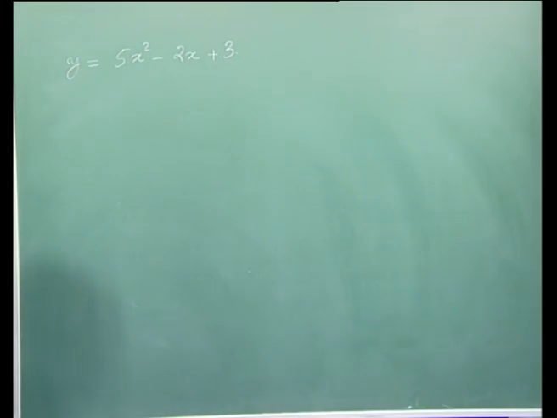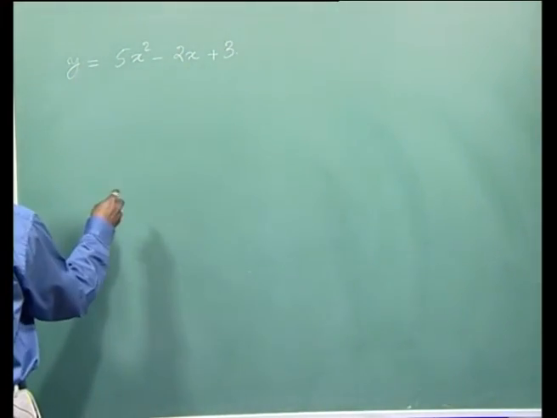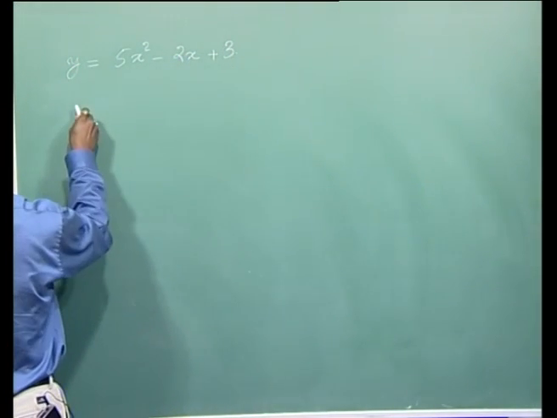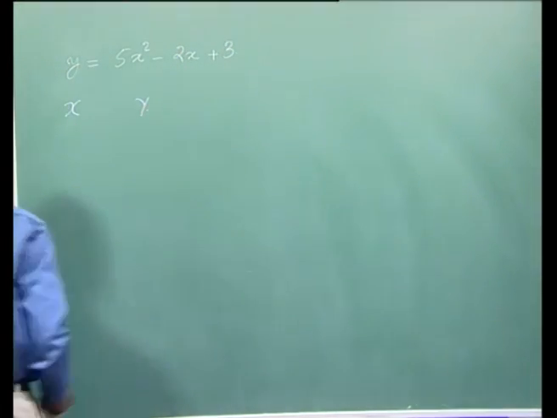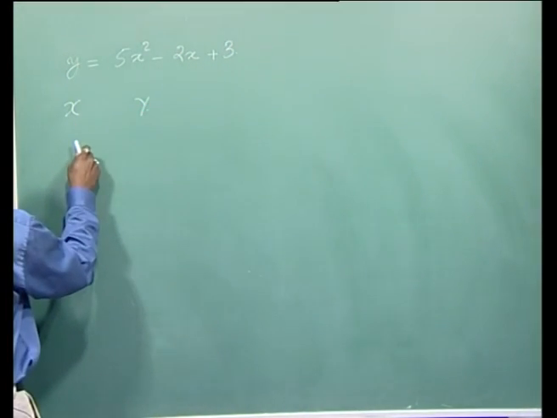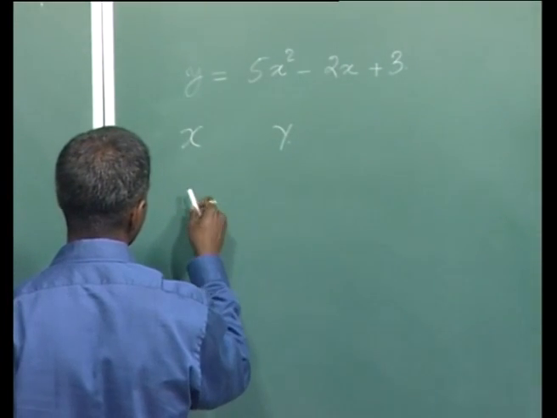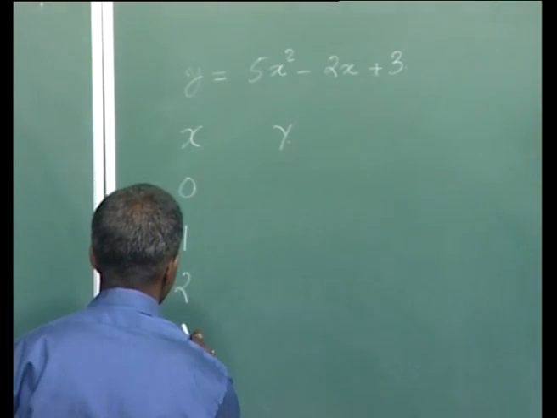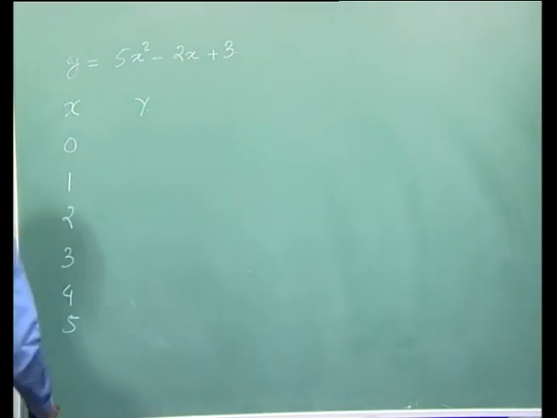Let me generate some data points and arrange them in the tabular form. So we'll have the x values, we'll have the y values. Let me take uniform values to make our lives simpler. 0, 1, 2, 3, 4, 5.